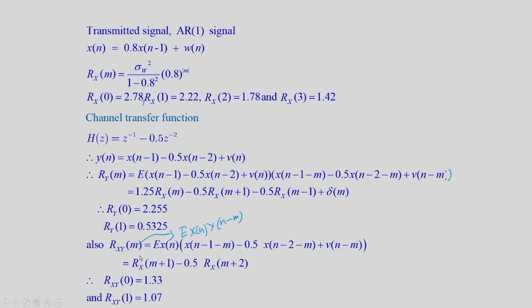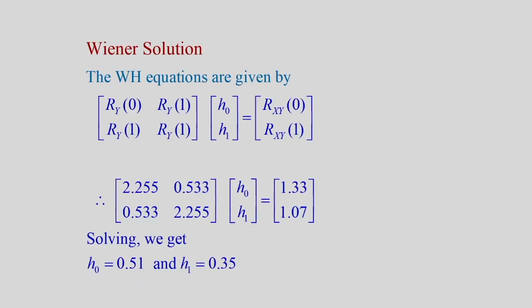So we can solve the Wiener-Hopf equation. Therefore, the Wiener-Hopf equations are given by this autocorrelation matrix comprising of Ry0, Ry1, Ry1, Ry0 multiplied by the coefficient vector h0, h1 is equal to the cross correlation vector, that is Rxy0, Rxy1.